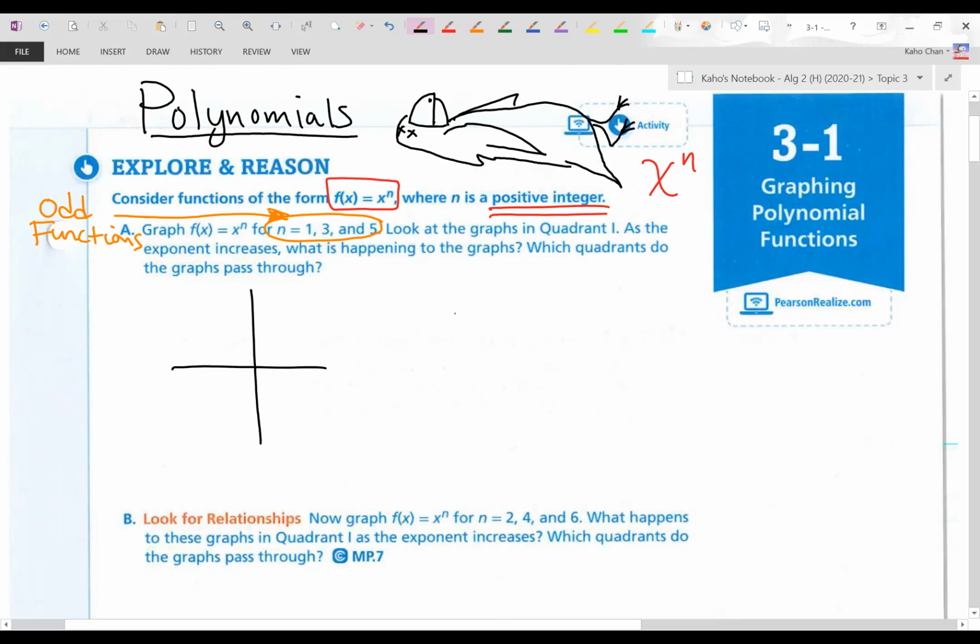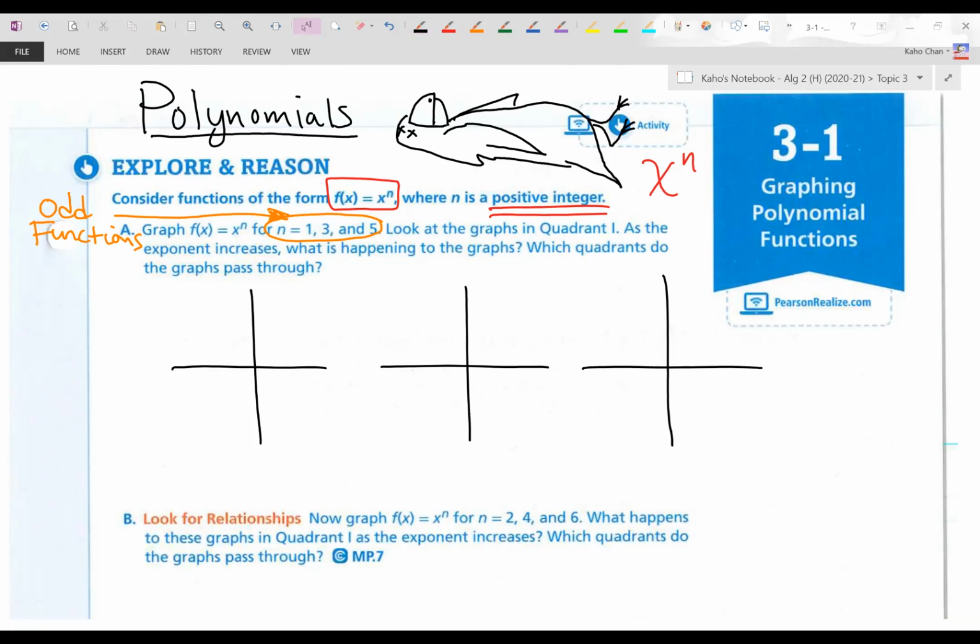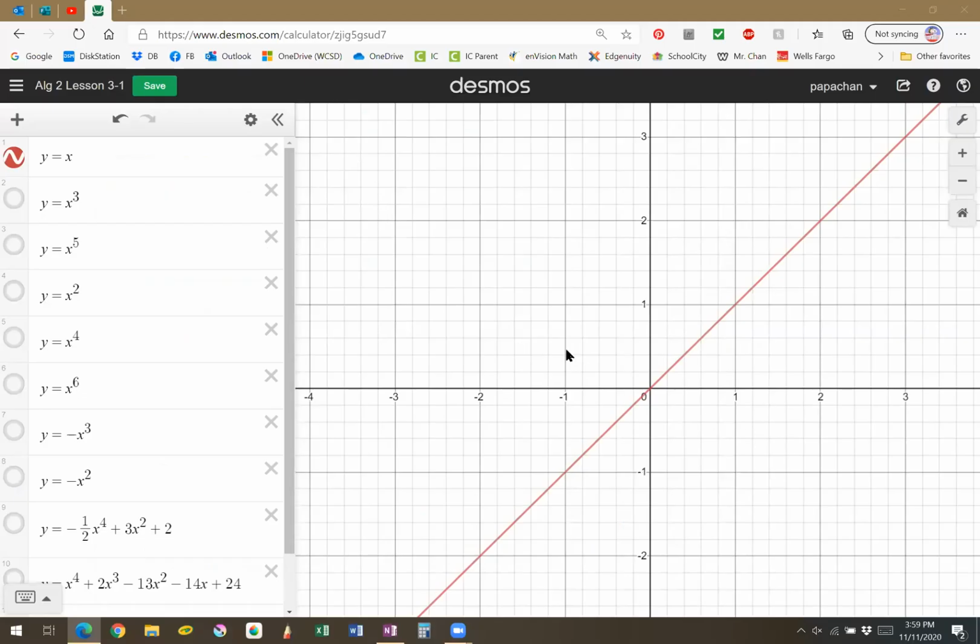Go ahead and draw some axes. And we'll explore all three of them using Desmos. Let's switch over to Desmos right now. And you can see right now I already have some graphed here on the left.